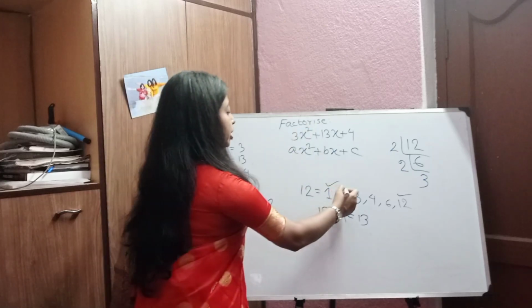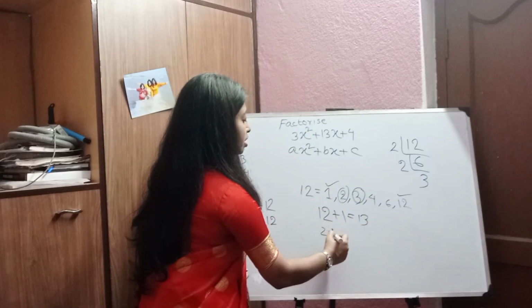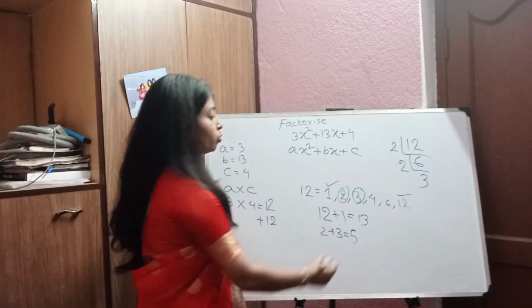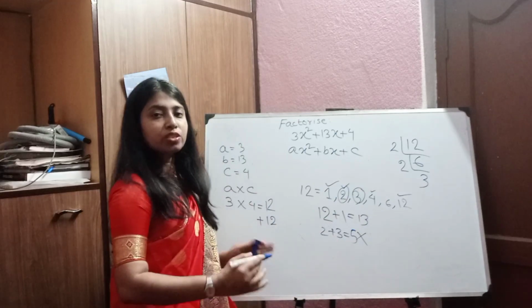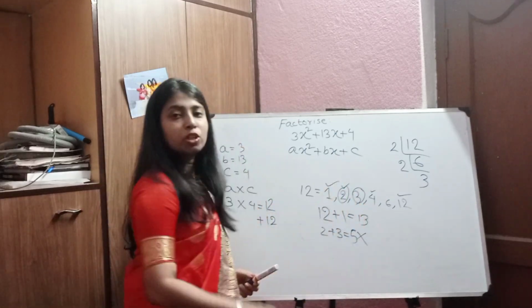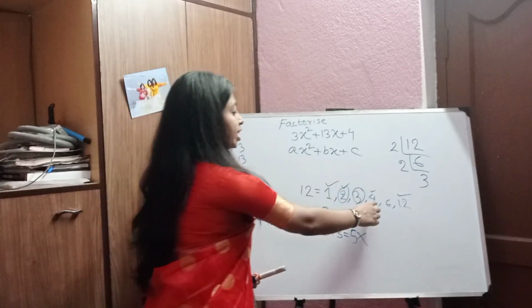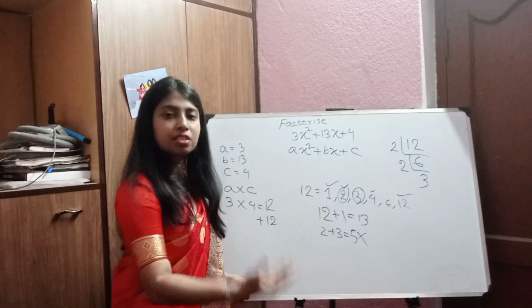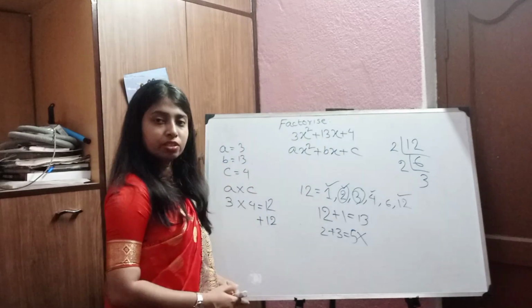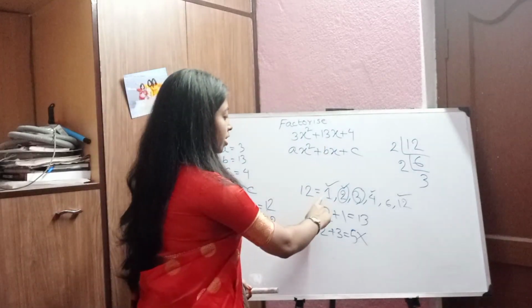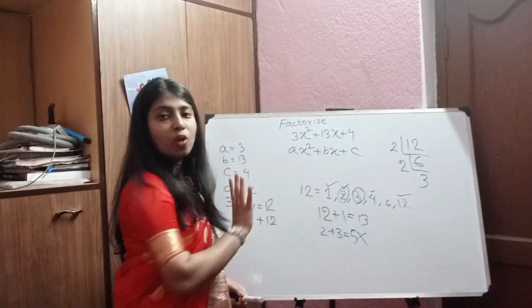For example, if we take 2 and 3, 2 plus 3 is 5 and not 13. So we cannot choose 2 and 3. We cannot choose 2 and 4 because 2 plus 4 is 6. We cannot choose 3 and 4 because 3 plus 4 gives us 7. We cannot choose 4 and 12 because it gives us 16. So we have to choose two numbers which give us this middle term, that is 13. So we have rightly chosen 12 and 1.